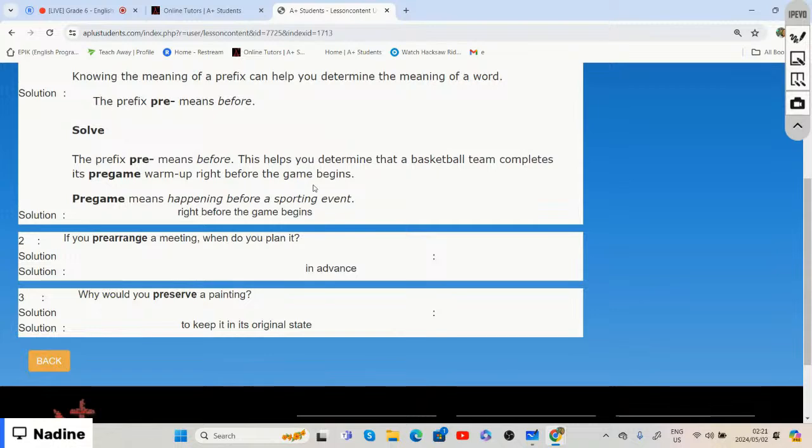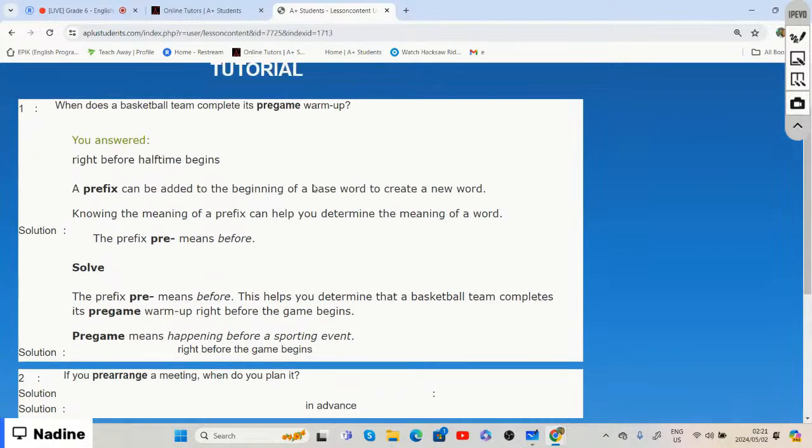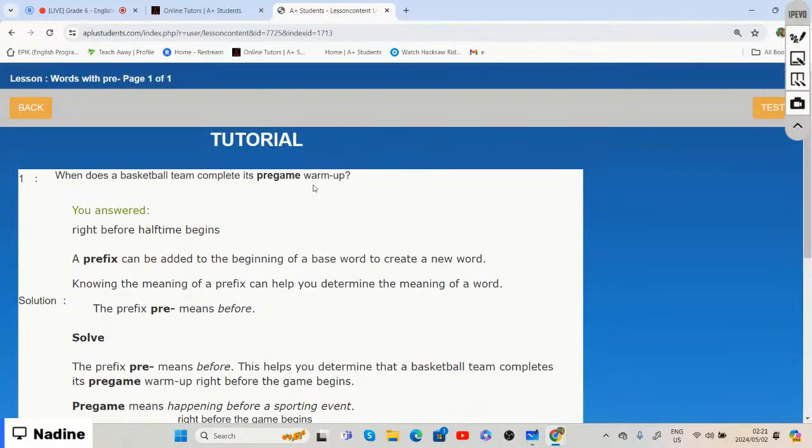Guys, remember, we went right from the top of the chapter, right down, and then we completed that, and then we started again from the top of the chapter, and we have scrolled down, and now we are close to almost the end of the chapter.